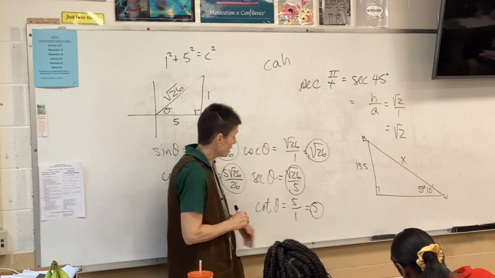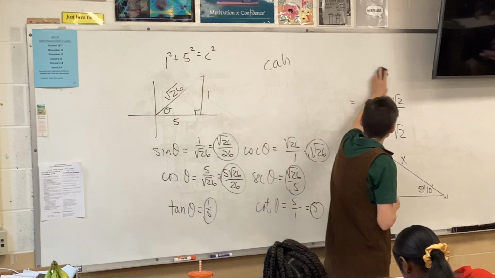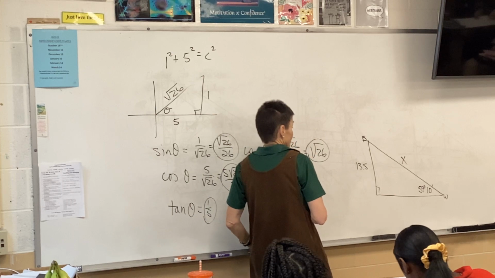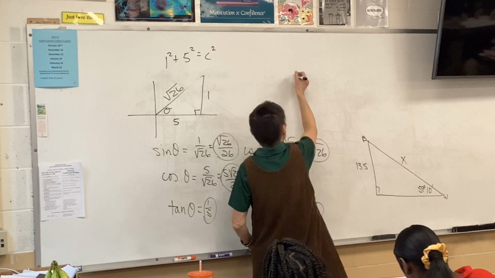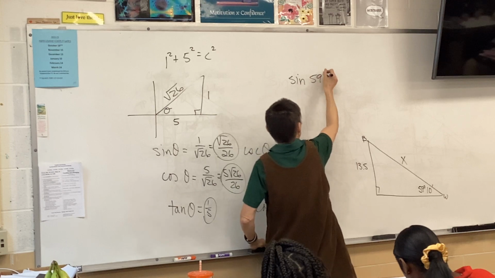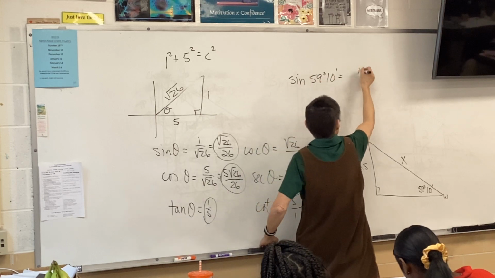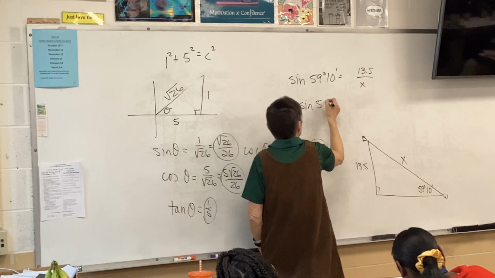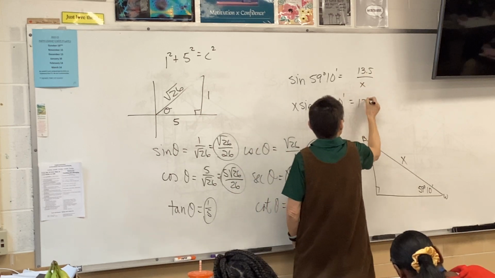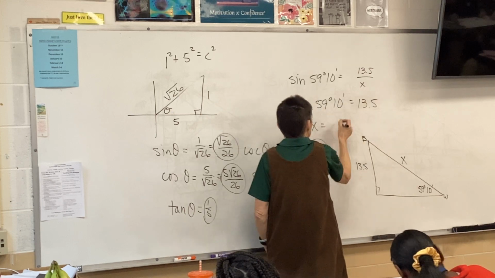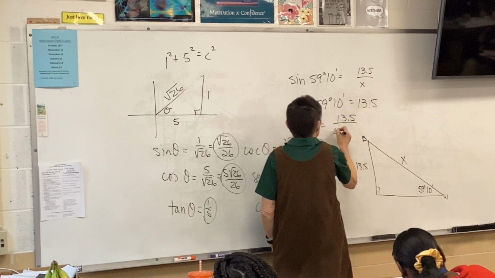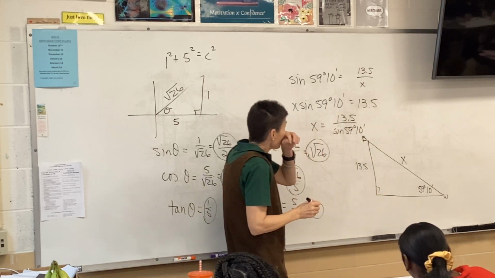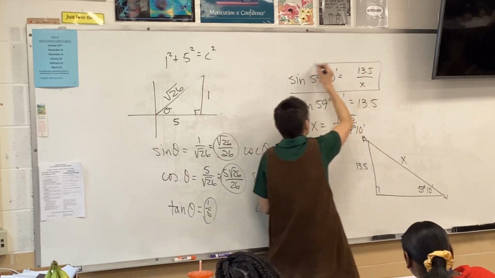All right, write an equation, need sine, cosine, or tangent. What have we got? Sine. So sine 59 degrees 10 minutes equals 13.5 over x. I need to see this equation, guys.